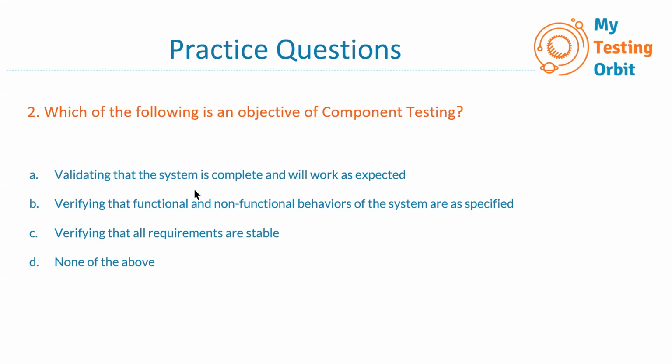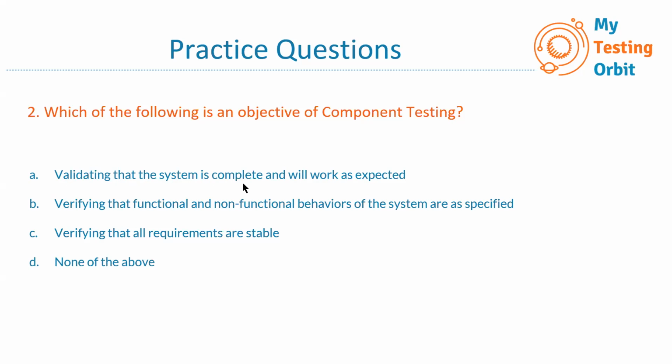So why is the first one not correct? Validating that the system is complete and will work as expected. When we are doing component testing, that's like the basic level. At that point, we are only working on different isolated components. At that time, the system is not complete, so we can't perform any kind of validation.